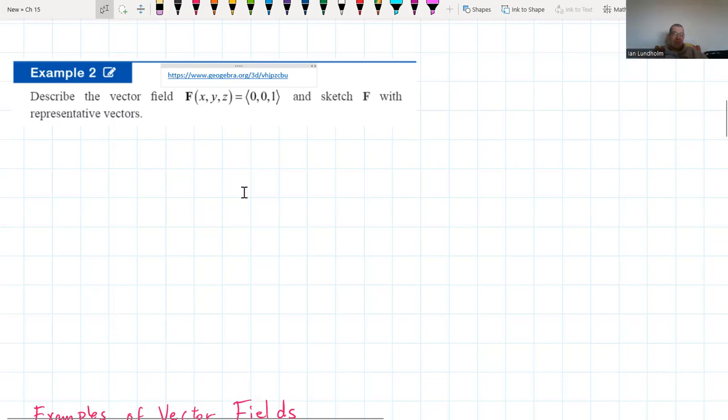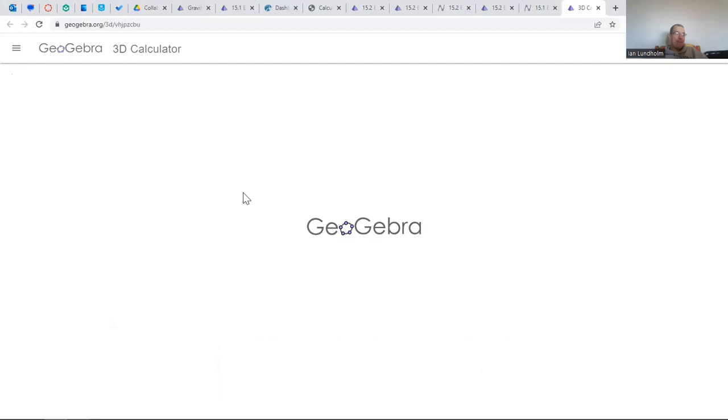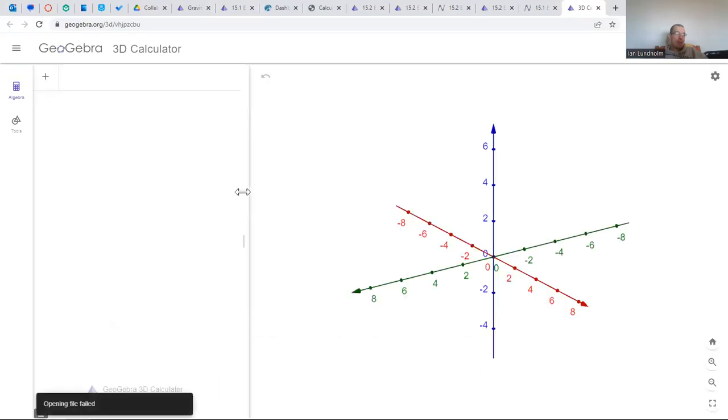Let's see. GeoGebra, I believe in you. Opening file failed.